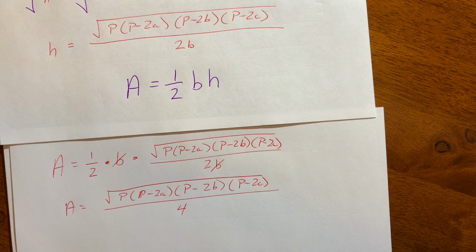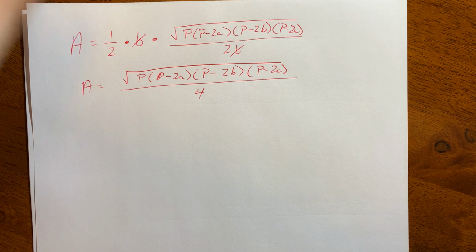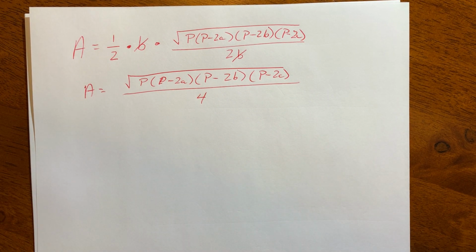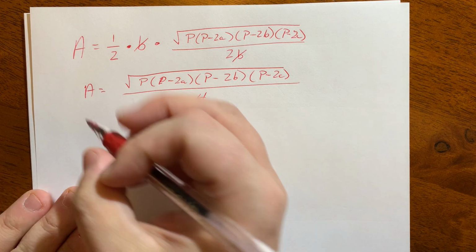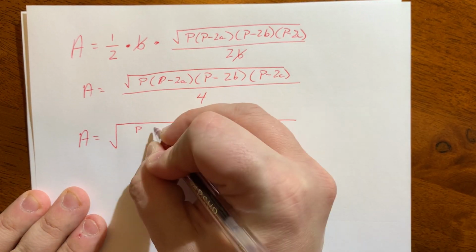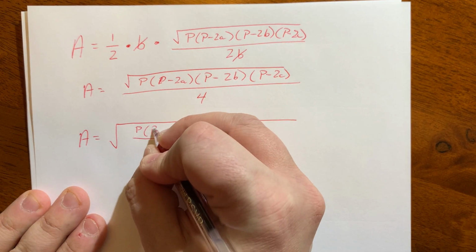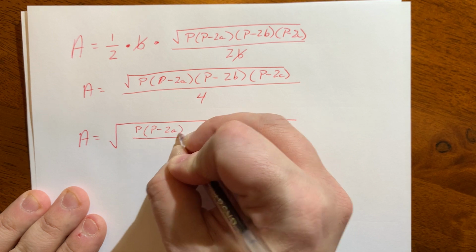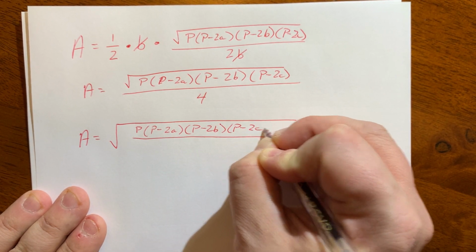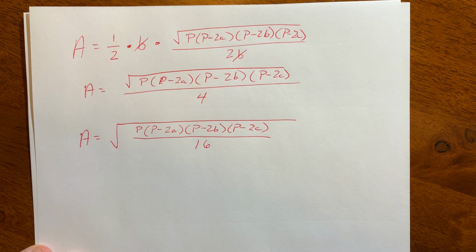What we actually want to do, might seem counterintuitive, is get that 4 back underneath the square root. So if you square a 4, it becomes a 16. So a 4 put back underneath a square root would end up being a 16. So this would be a giant square root fraction of the p times p minus 2a times p minus 2b times p minus 2c all over 16, because that's now inside the square root.